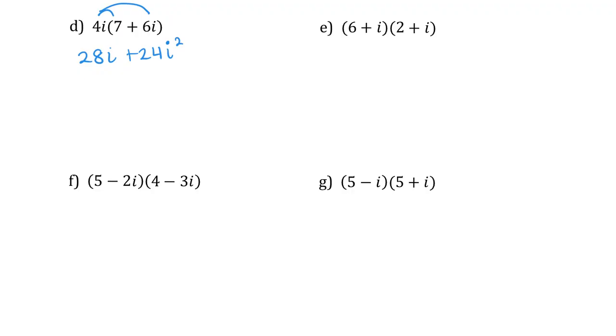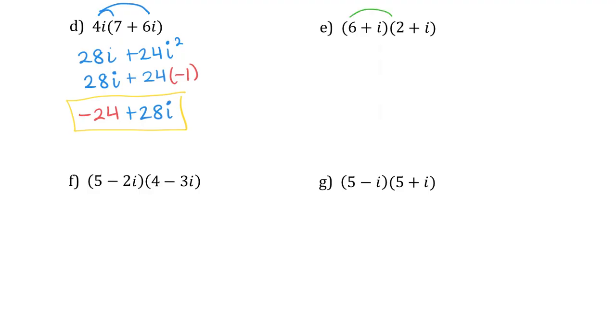You never leave an i squared because i squared is the most magical part of imaginary numbers. i squared is negative 1. 24 times negative 1 is negative 24. So I'm going to put the real plus the imaginary. So it's in standard form. And then this is my answer. Let's try the next one.